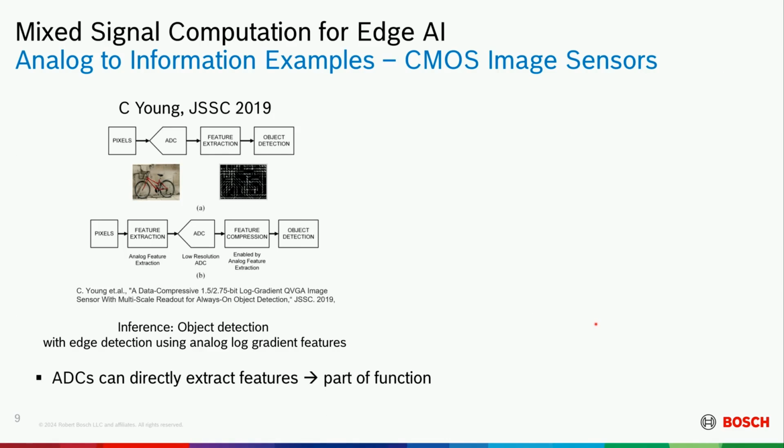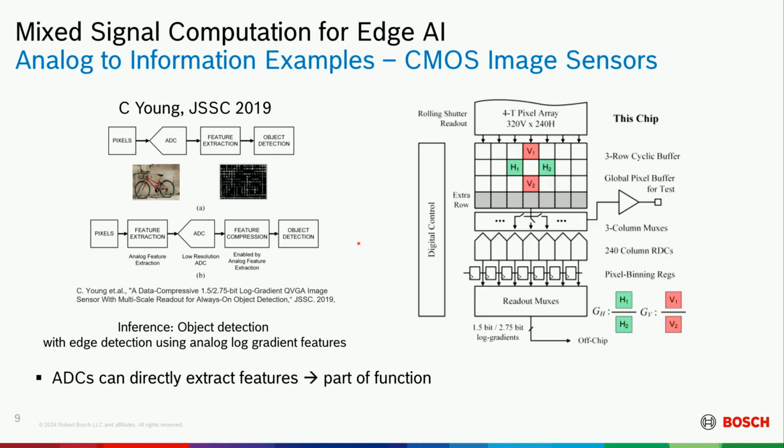So instead of a full CIS with a full resolution ADC, and then doing inference in the back end, it tries to do some feature extraction first, maybe redesigning the ADC to do something else, and then doing back-end classification after that.